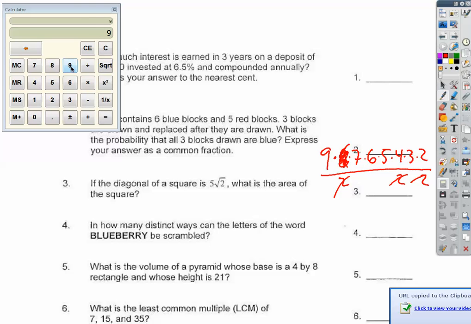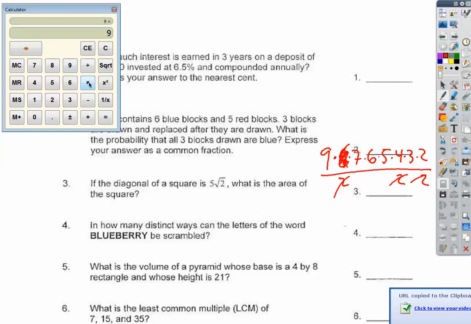So 9 times 7 times 6 times 5 times 4. Shoot. That is unfortunate. This thing is unbelievable.